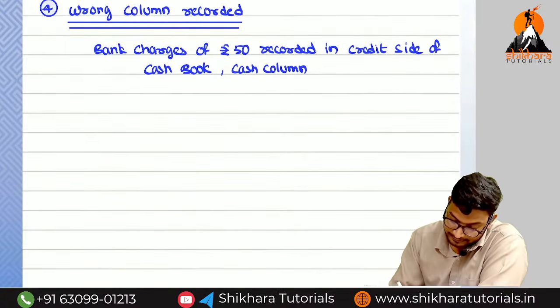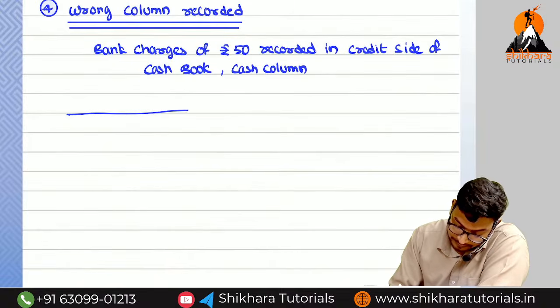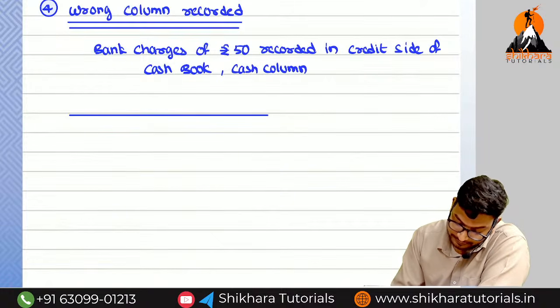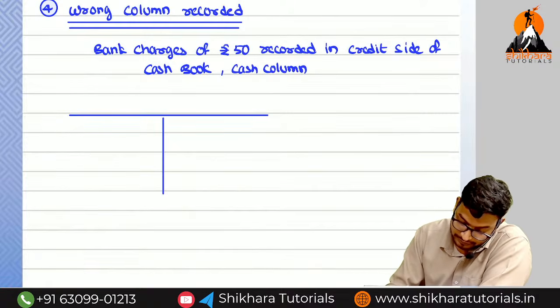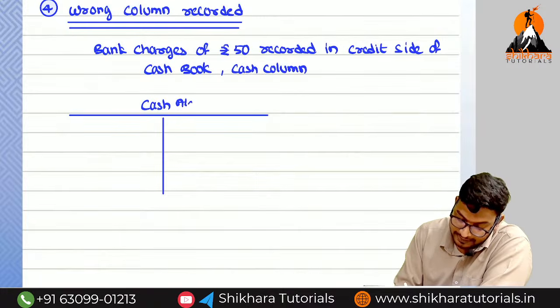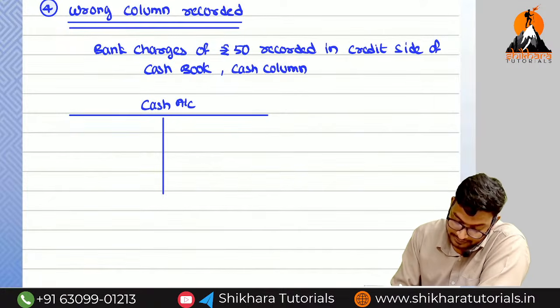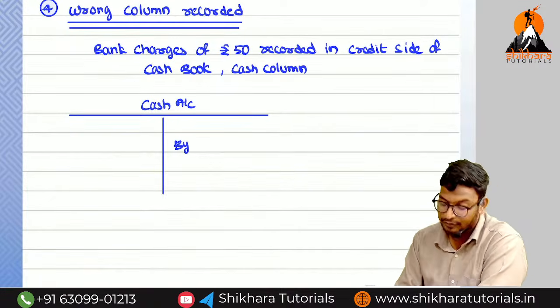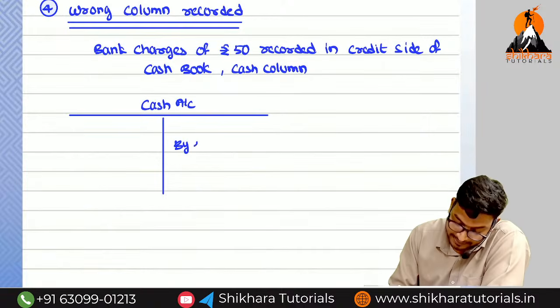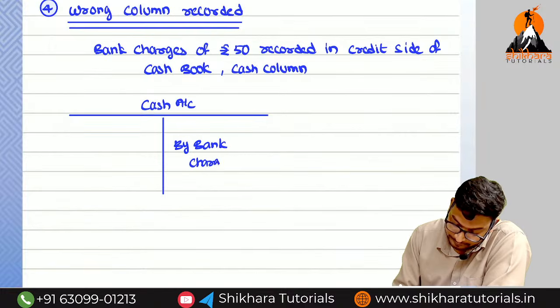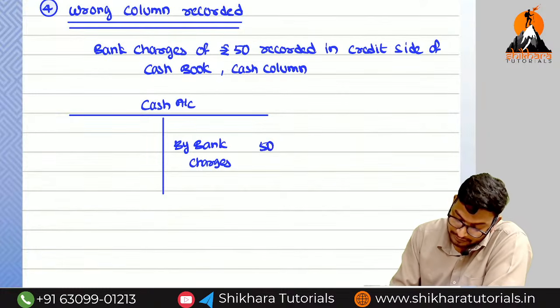So, see here. Imagine this is a cash. Directly I'm writing the cash account. Don't get confused. Instead of recording in the bank, they are recording in the cash. Which side? Credit side. What are they going to write? By bank charges, 50.